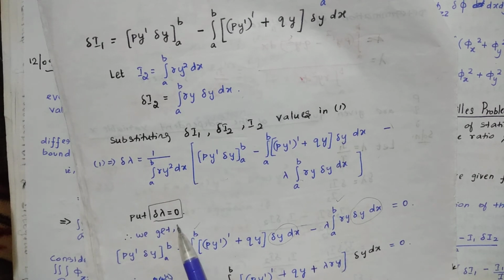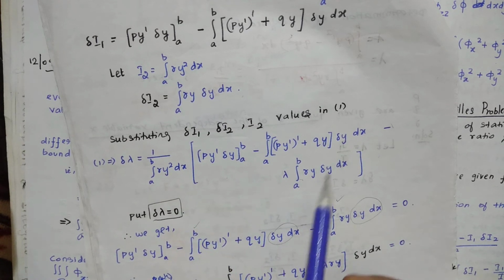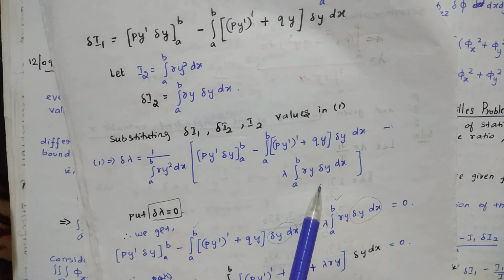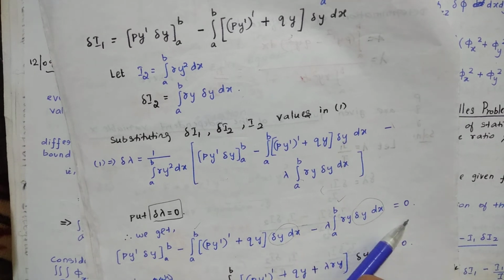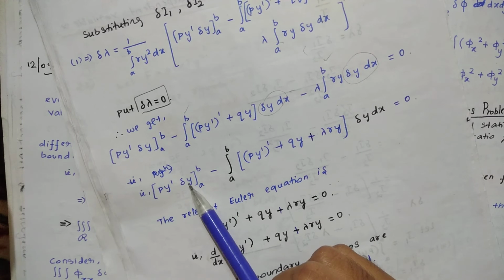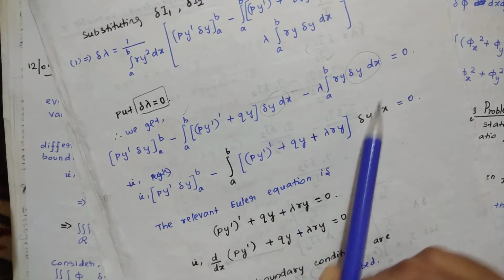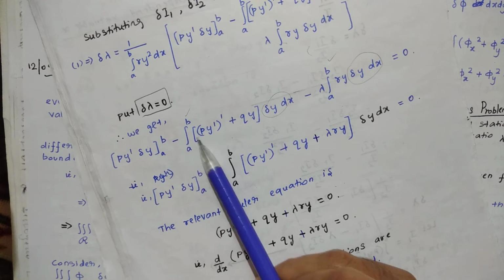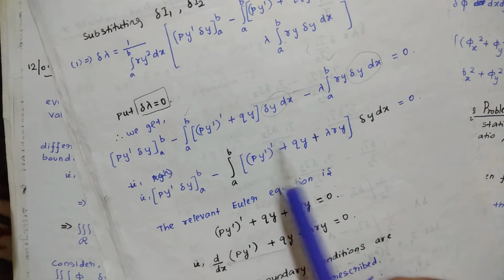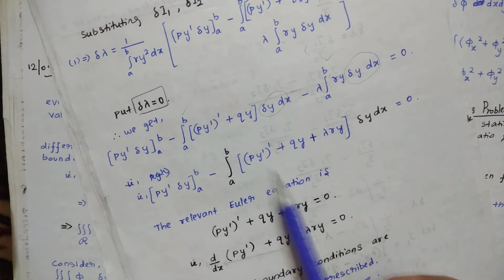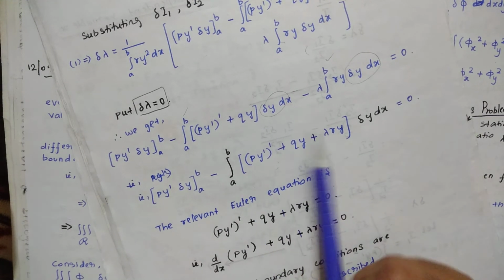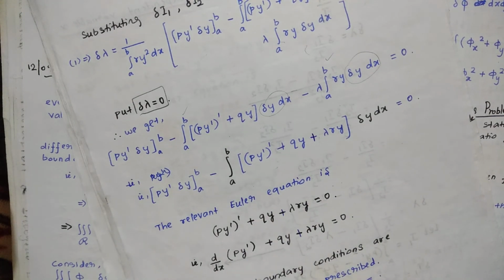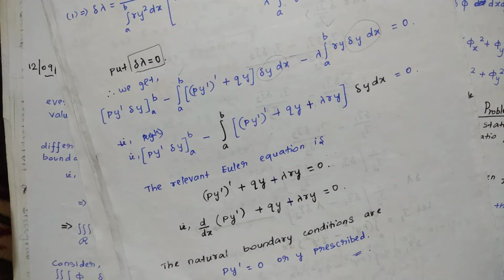When you put delta lambda is equal to 0, write the delta lambda value, right, is equal to 0. Now write this term as it is, and from these two terms you take integral a to b and delta y dx common, so that you will get this. Now using this you are going to write the relevant Euler equation.